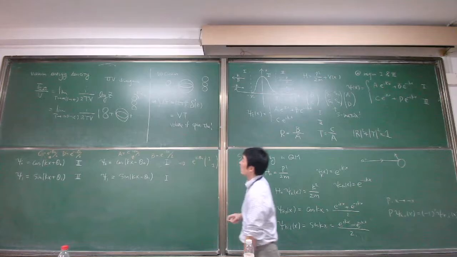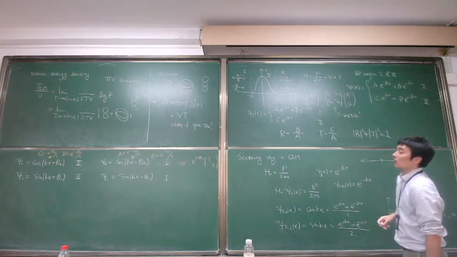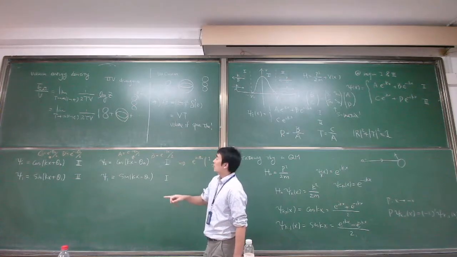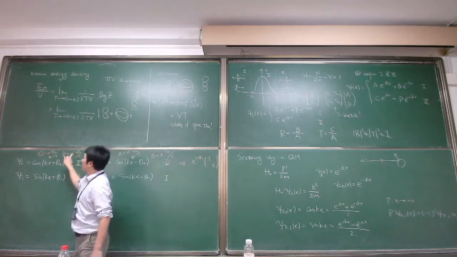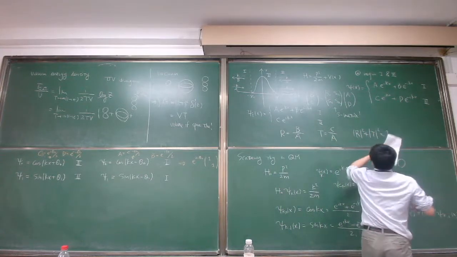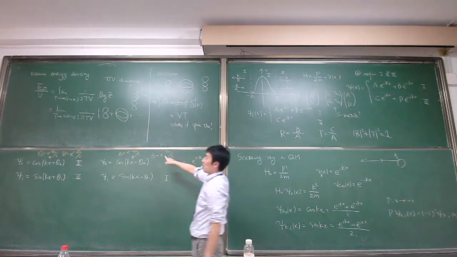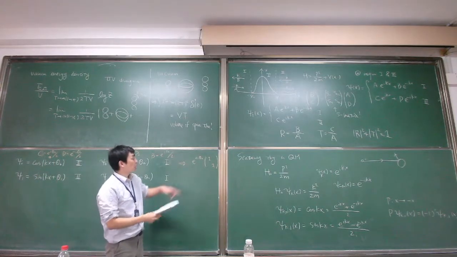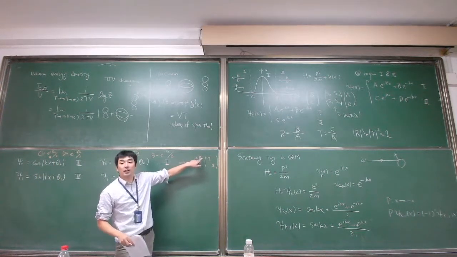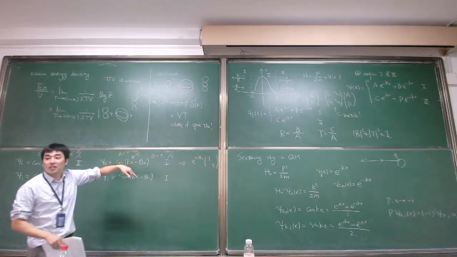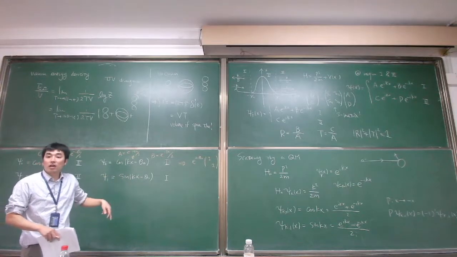Do you agree with that? Because do you see that? A and D are e to the minus I theta, and B and C are e to the I theta. So therefore, if you multiply e to the 2 I theta by A times D, you get BC. Is it okay?